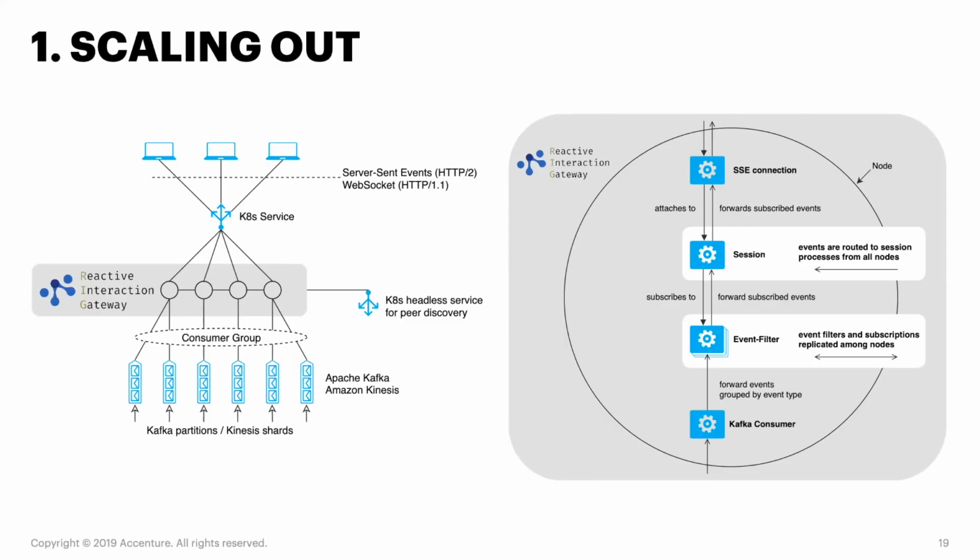Towards Kafka and Kinesis, they're nodes from a consumer group, which means that Kafka partitions and Kinesis shards are distributed among the nodes in the cluster. Each partition or shard is assigned to one node, and when a node fails, the partition or shard assignment is rebalanced. In the case a new node is spawned, the assignment is rebalanced too, so new nodes get their share of events eventually.